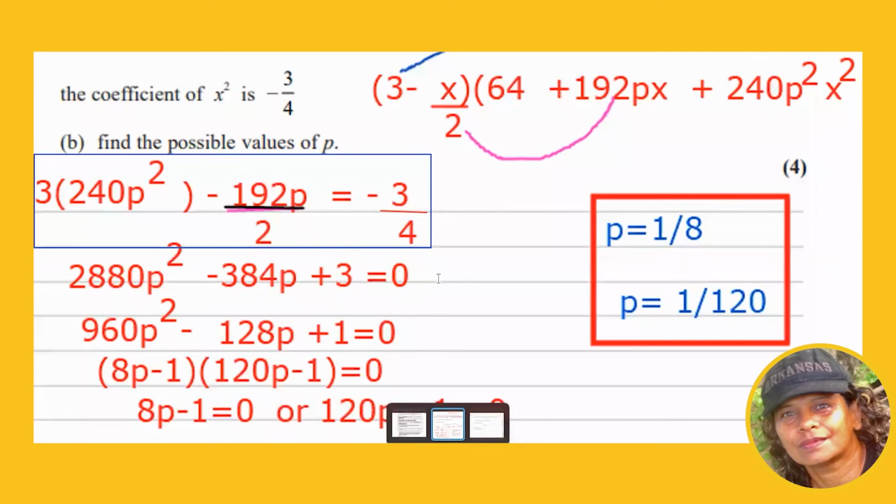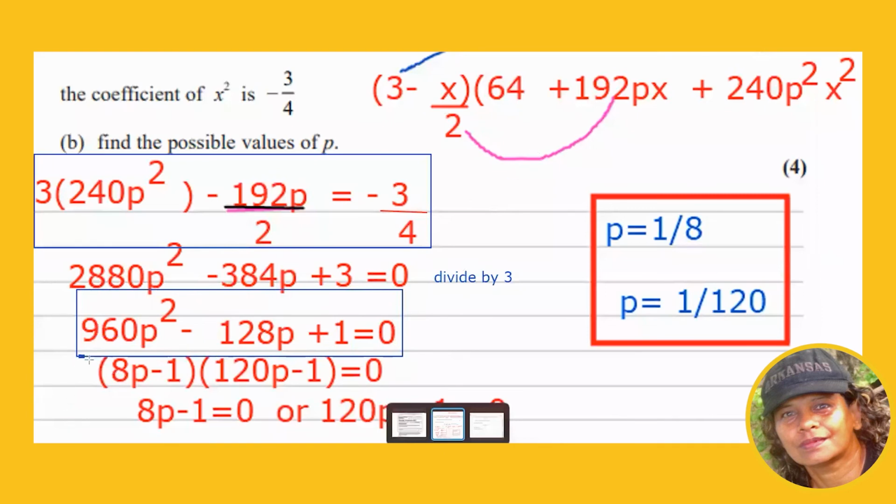Then I'm going to divide this equation by 3. If I divide it by 3, I end up with this equation, which is 960p squared minus 128p plus 1 equals 0. So that's the quadratic equation.